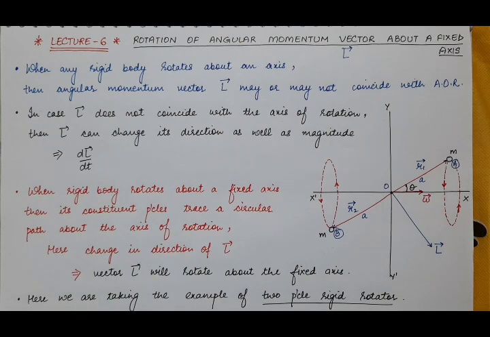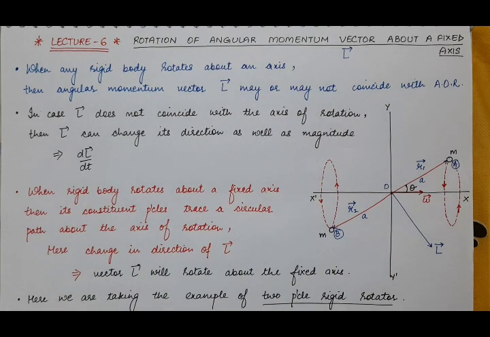Actually, we know that in this chapter we are studying the rotation of the rigid body. We are studying the rigid body dynamics. So when any rigid body rotates about an axis, then there may be two cases.